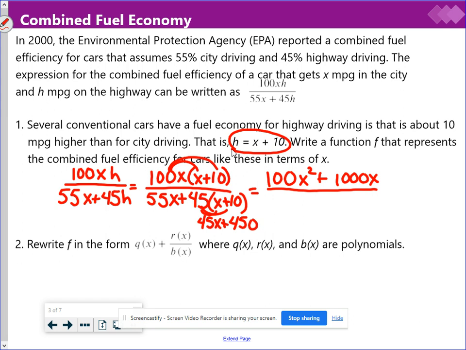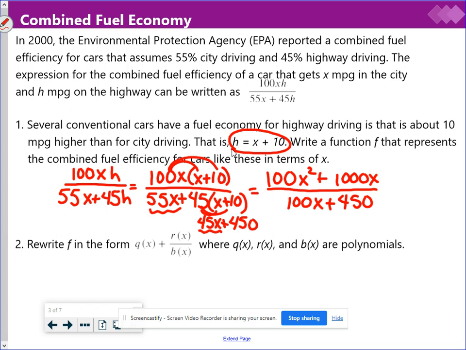And then I can combine these x's. I have 55x and 45x. That's actually 100x plus 450. So now everything's in terms of x. Okay? And that's all they were asking for in that.